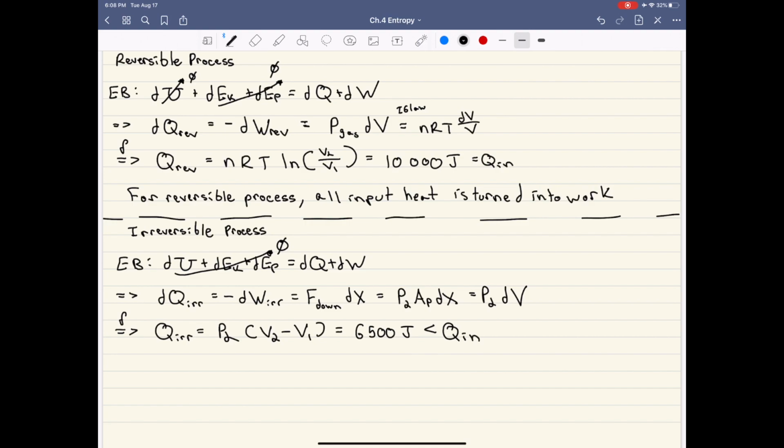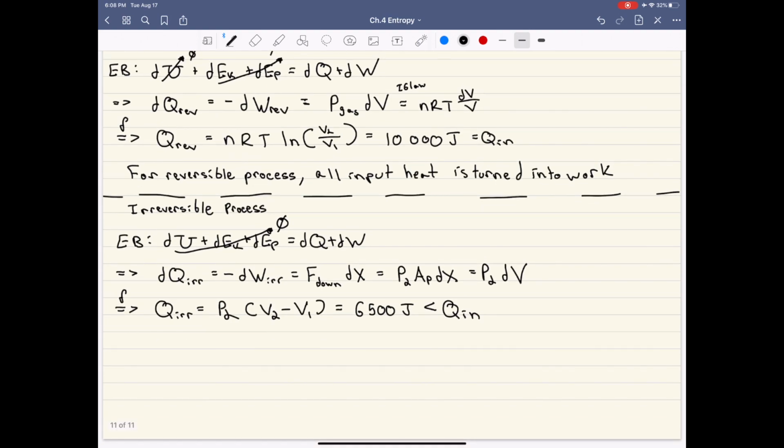Okay? And so there's a discrepancy here, right? Essentially, our energy balance is not closing, right? Because the amount of work that we extract from the system, its magnitude, is not equal to the amount of heat we put into the system to begin with.